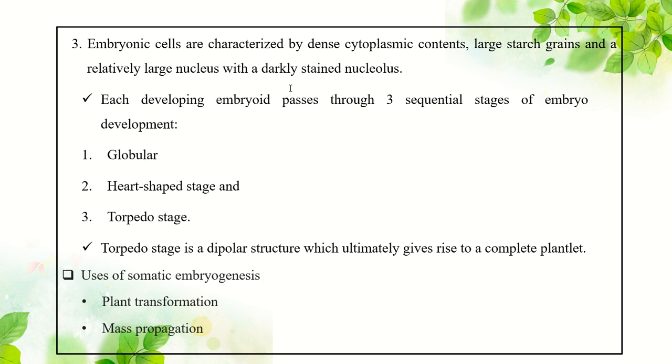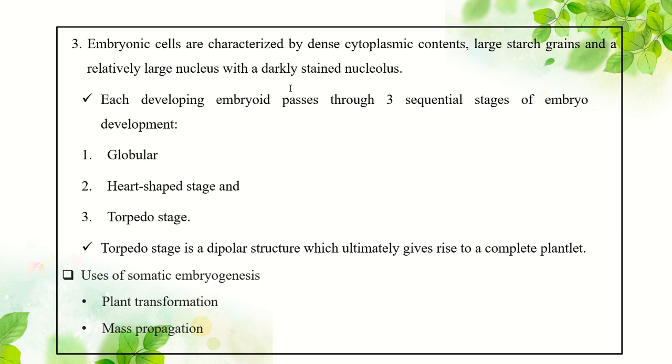So there are three stages of embryo development: globular, heart shape, and torpedo. The name itself says it: globular, heart. And the third is torpedo. The torpedo stage is a bipolar structure which ultimately gives rise to complete plantlets.